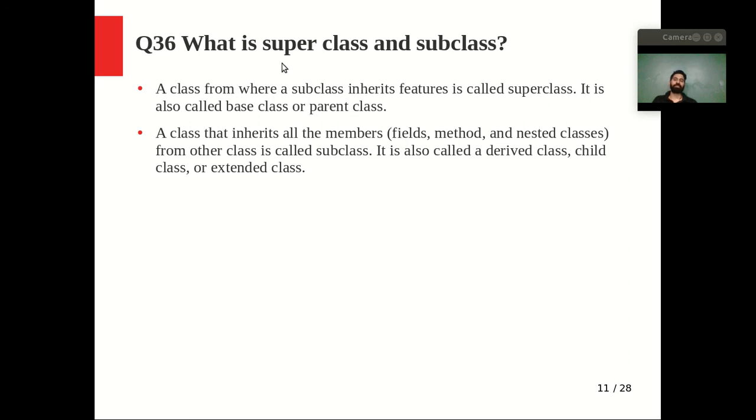In the same way, a subclass is a class that inherits all the members, that is fields, methods, and nested classes, from another class. A subclass is also called a derived class, child class, or extended class. So the superclass is basically a parent class and the subclass is basically a child class. Do not get confused when they ask about superclass and subclass.